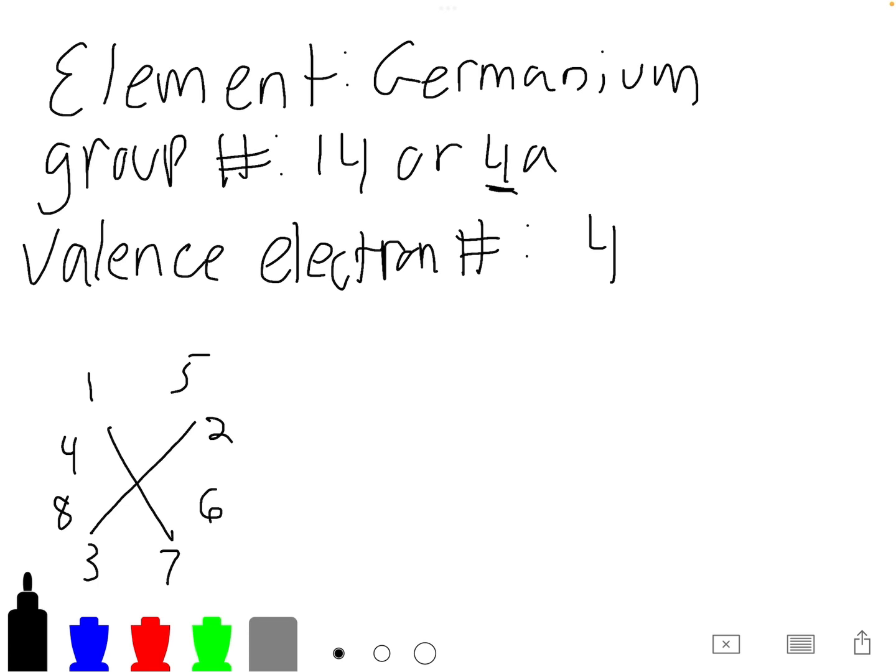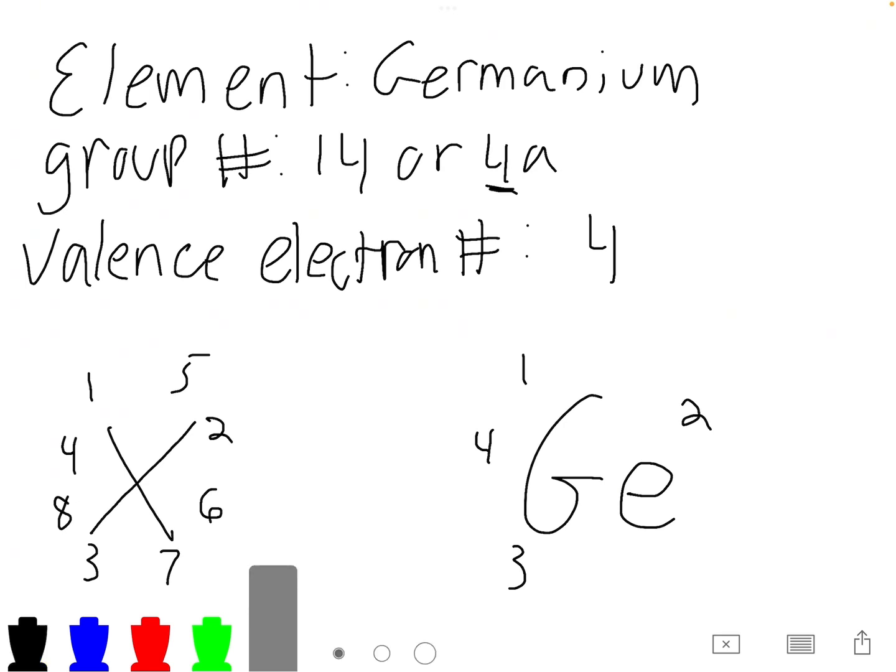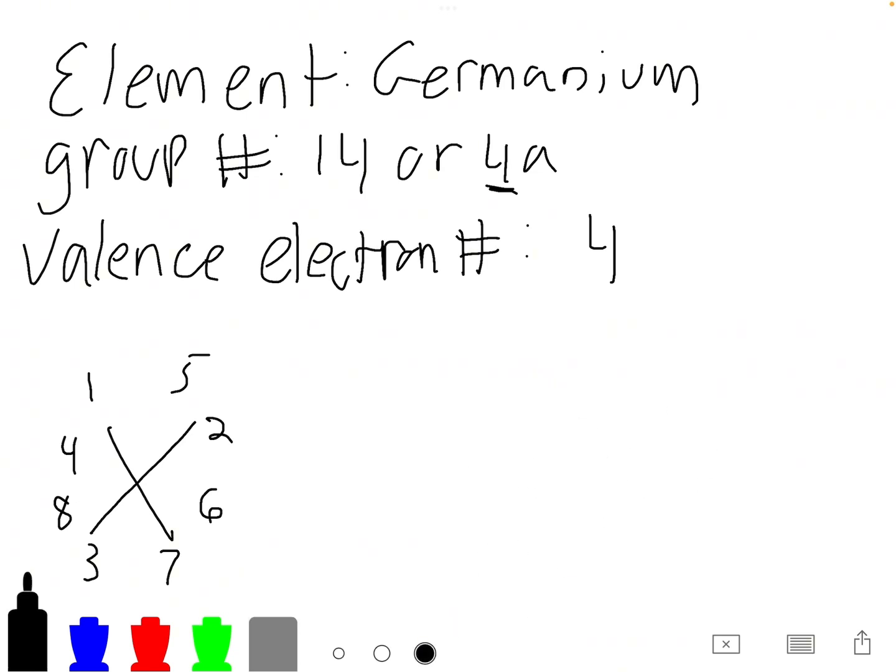So you just put down the symbol and go 1, 2, 3, and 4. Or you can also do it like this. I don't have enough room, so I'm going to have to erase. Just ignore the boldness: 1, 2, 3, 4. Just like that.